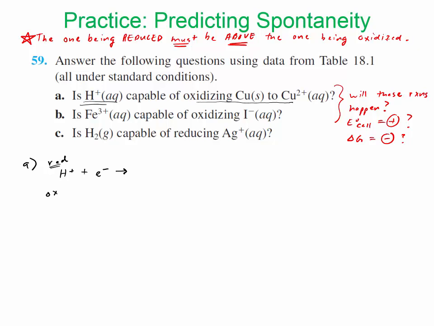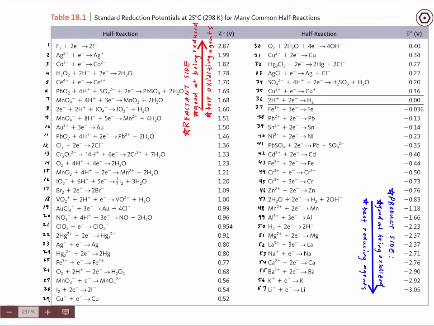Our oxidation is going to be copper making copper ions plus some electrons. We're going to look for the reduction half on the reactant side.